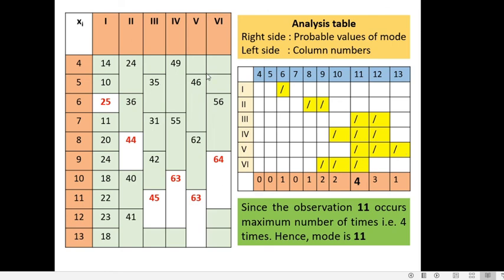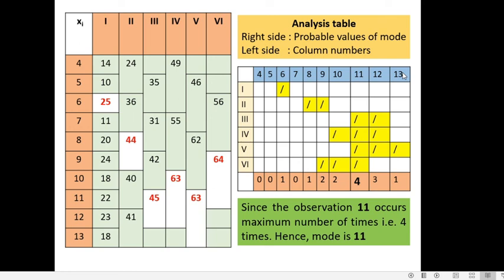And the last one is column 6, whose highest value is 64, which is the sum of 24, 18 and 22, the frequencies of 9, 10 and 11. So I put tally bars under 9, 10 and 11.